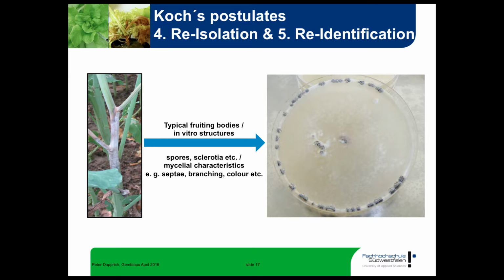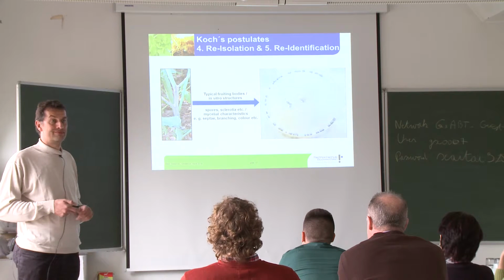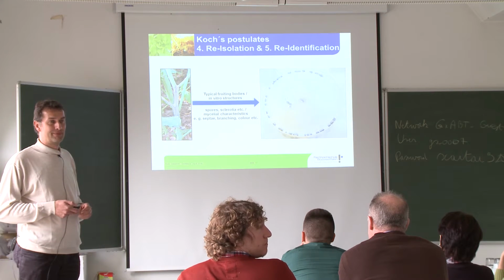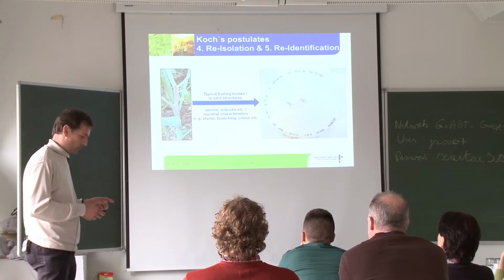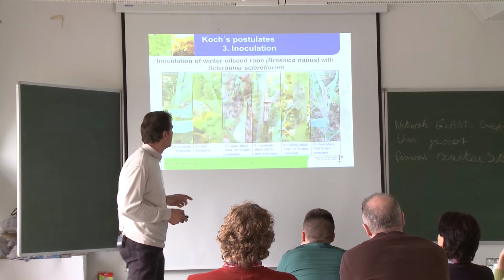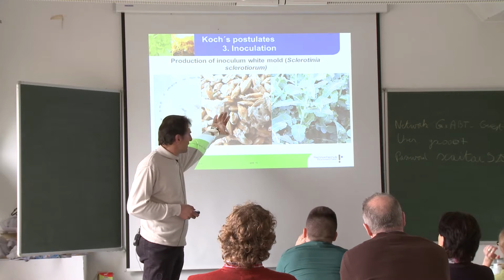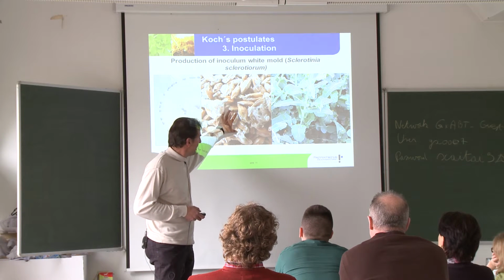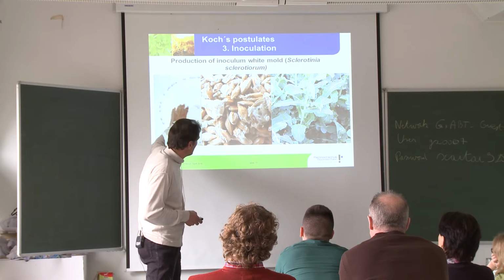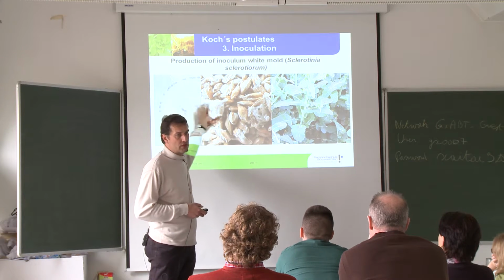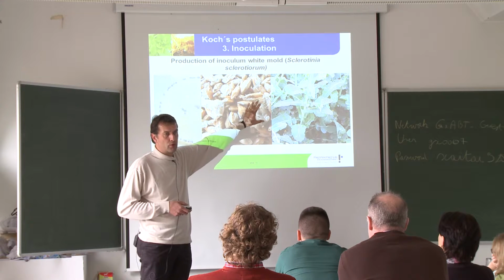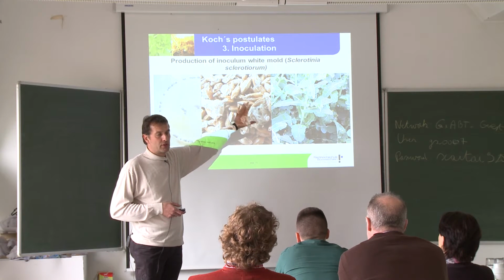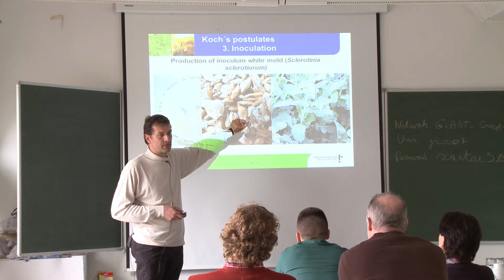Why do we do this? You inoculate the seeds in that case. We inoculated barley to make a step in between from this culture onto the plant, because this wouldn't work in the open field. It works in a greenhouse, but not in the open field.